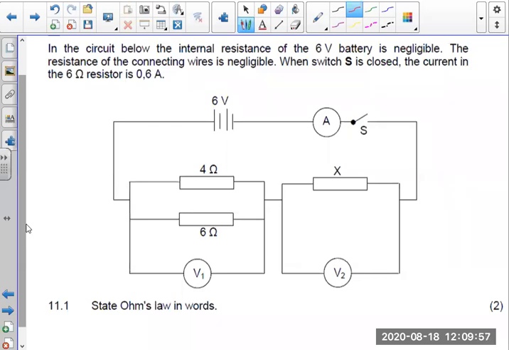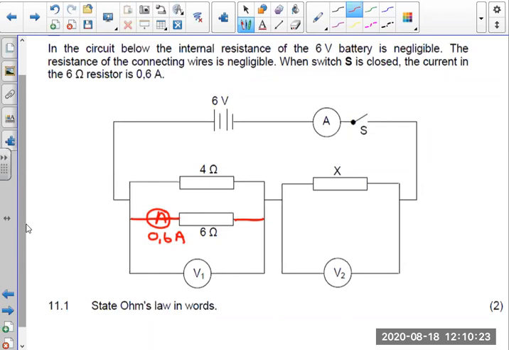The resistance of the connecting wires is also negligible. And when the switch S is closed, the current in the 6 ohm resistor is 0.6 amps. So that's the first thing that I'm going to put in here. So if I have an ammeter reading there, this ammeter is 0.6 amps. That's the first thing that I put in.